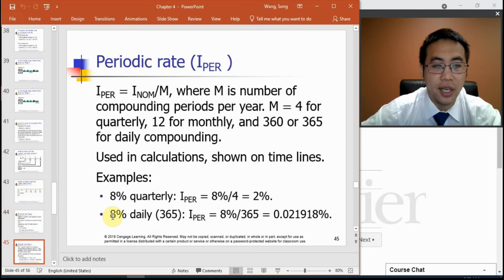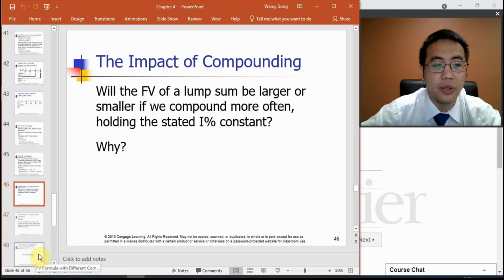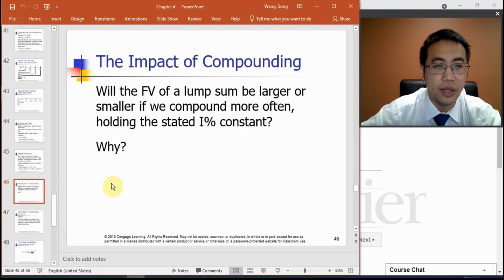If I just take the steps one by one, you could see that if I get my periodical rate, then the 8% annual rate would be 2% rate per quarter, or 0.021918% per day.